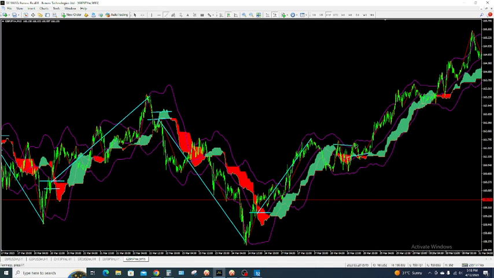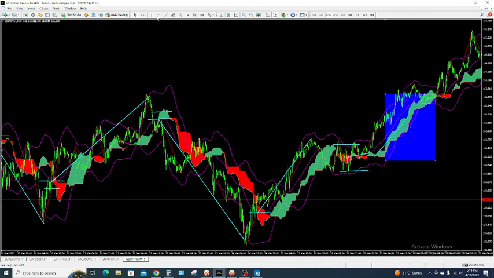There's a concentration here. Number one, the upper and the lower Bollinger Band. Then you are seeing the green. This green is key. The moment you see this green, it tells you that this market is buy.